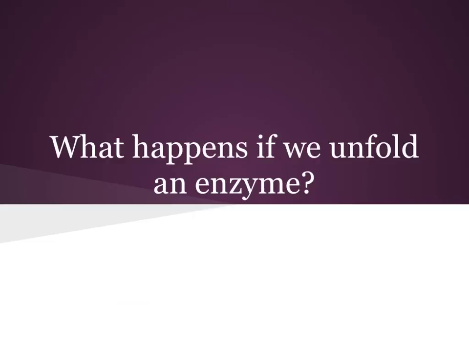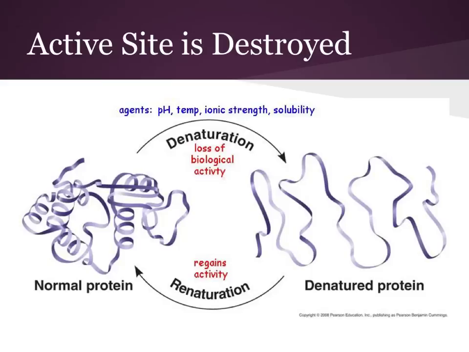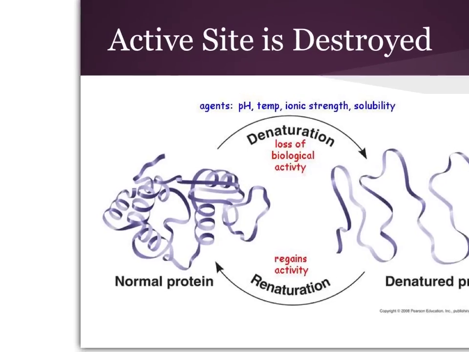The question is, what if we unfold an enzyme? What happens to that enzyme? Let's take a look. If an enzyme's function is determined by its folding pattern, or in other words, if a substrate can only bind to an enzyme if the enzyme's active site is in a particular shape, if we change the shape of that active site, or if we unfold the protein or enzyme, we will take away that active site.